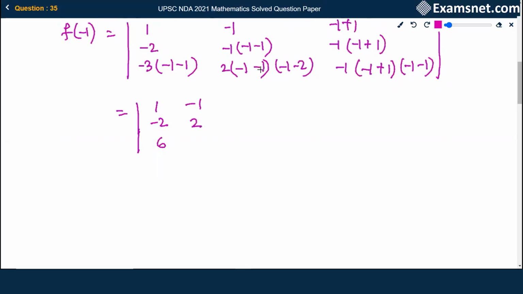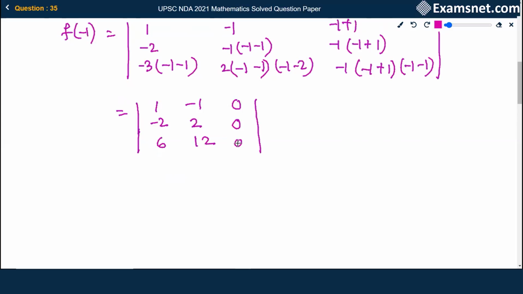Also, -2, -3. So 6 to the 12. And here we got 0, 0, and also 0. Okay, as you can see, one column is 0. If one row or one column is 0, we can say that the value for the determinant will be 0.